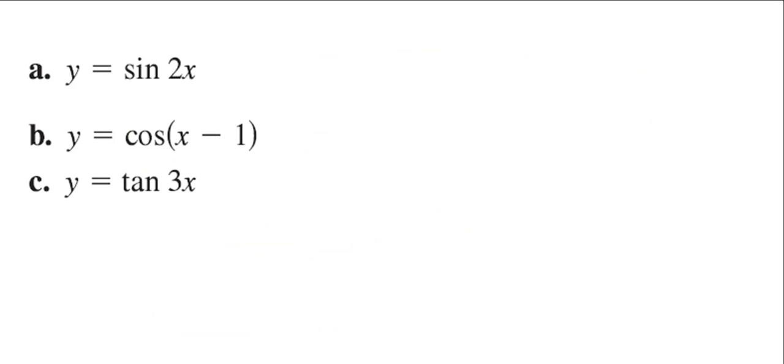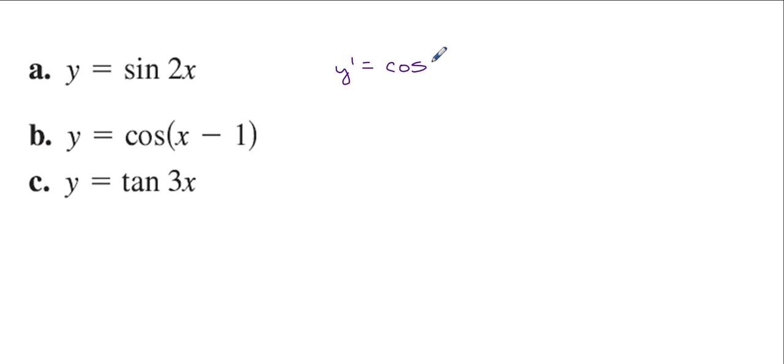Well, let's talk about some trig functions. All right, before we've just found the derivative of sine, but now we have sine of 2x. While the inner function, the argument of sine, is a function itself, it's more than just x. Okay, so with sine of 2x, we definitely need a chain rule for this one. That means that y prime equals the derivative of the outer function, which would be the derivative of sine, which is cosine, right?